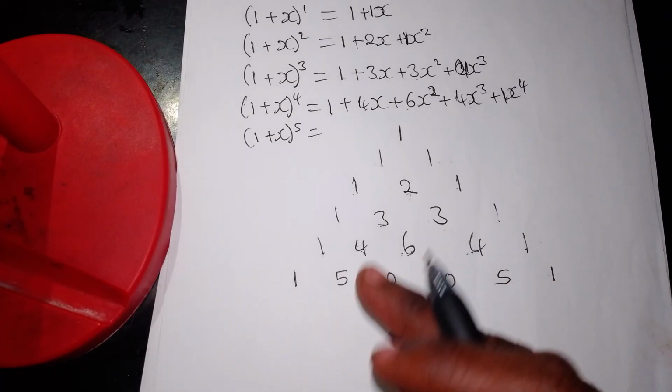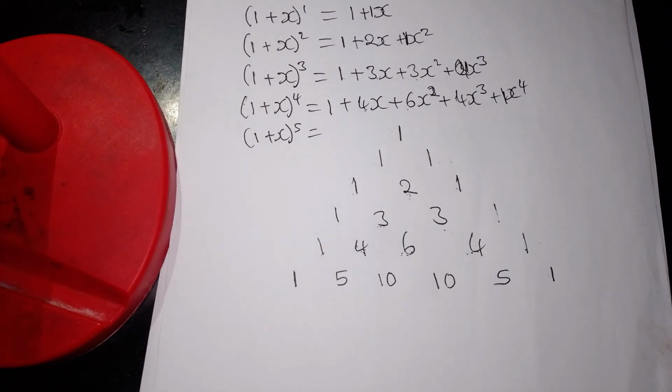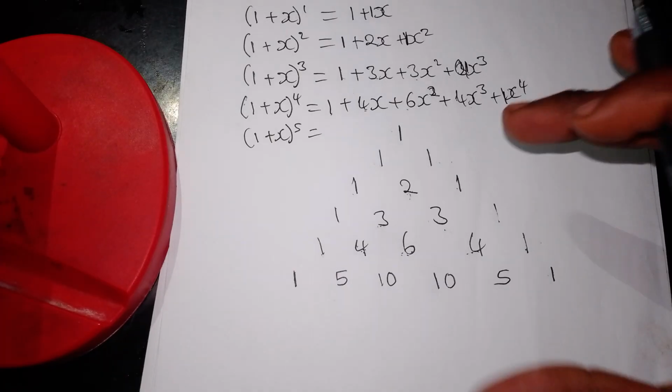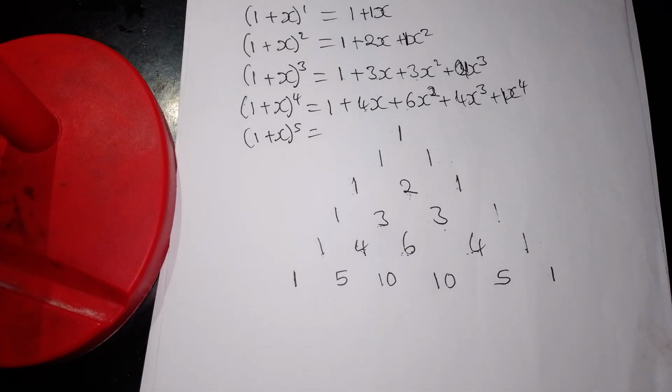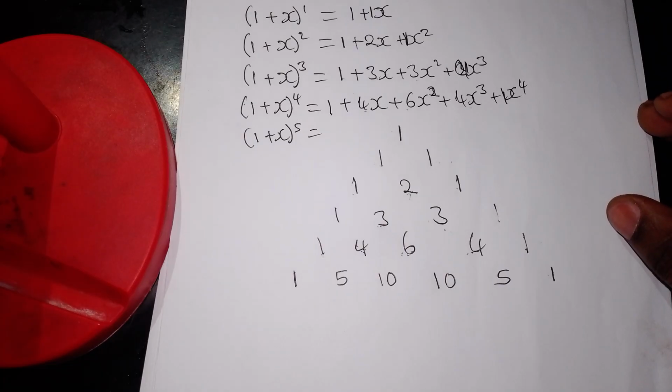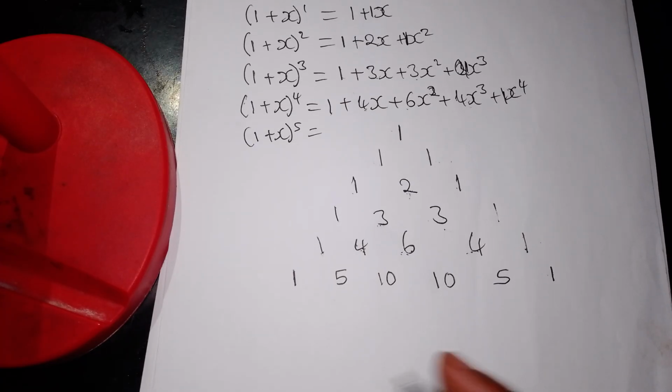With this, you can go as far down as possible. We normally use this triangle to expand small binomial expressions, maybe up to 6 or 7. It may not be a very nice method to use if you're dealing with bigger powers.